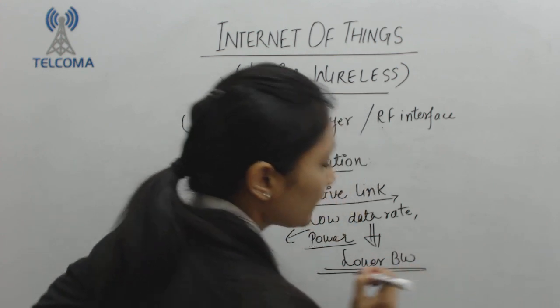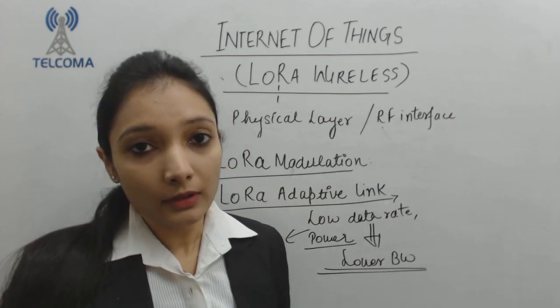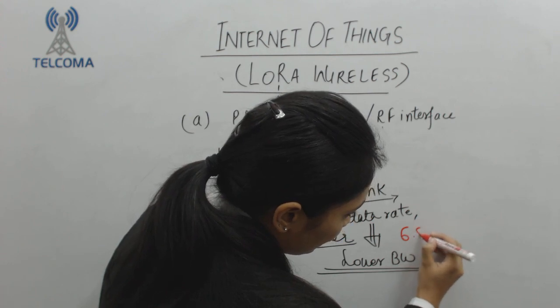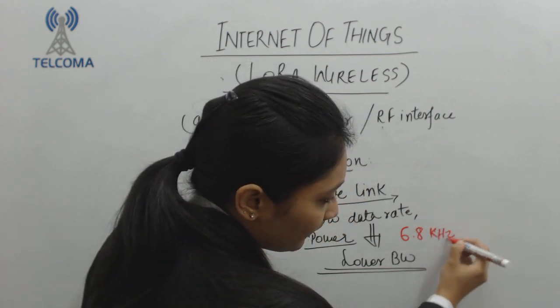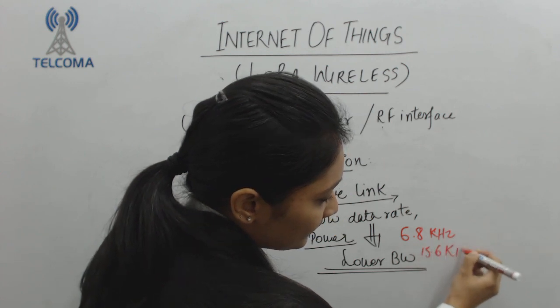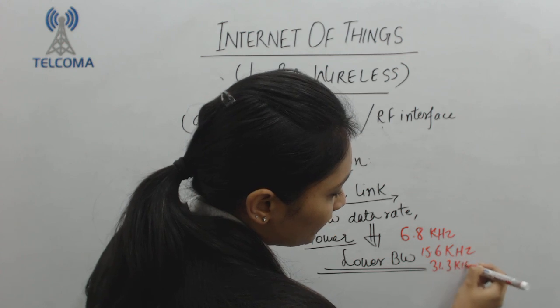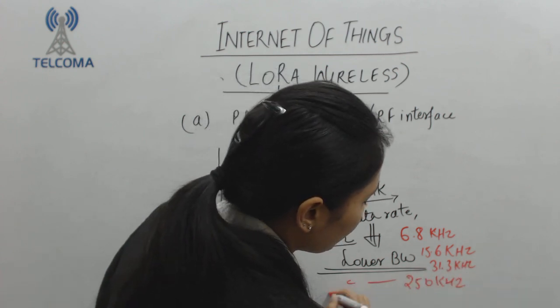will be required. Now it has a certain number of bandwidths, ranging from 6.8 kilohertz, 15.6 kilohertz, after that 31.3 kilohertz, and up to 250 kilohertz.